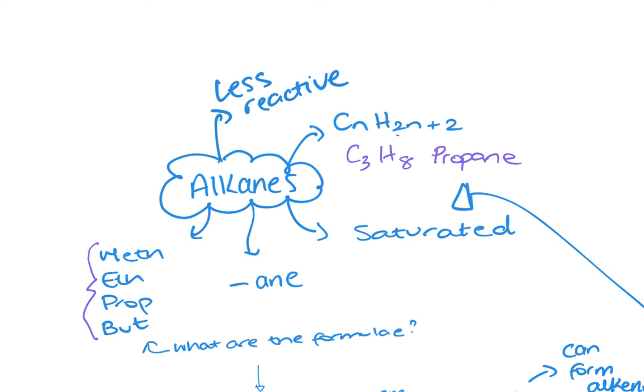Now, meth, eth, prop, and but relate to the number of carbons. Meth is 1 carbon, eth is 2 carbons, prop is 3 carbons, and but is 4 carbons. Now, the ane, that is the suffix. I like to think of it as the surname. All alkanes have that ane bit in their name, and that's how you know they belong to the homologous series of alkanes.